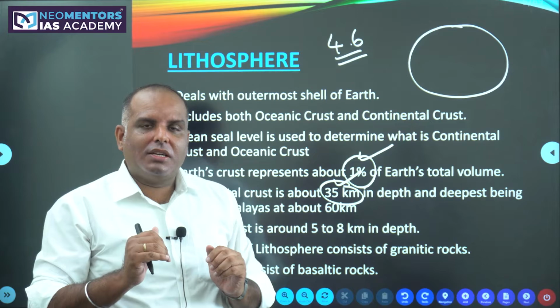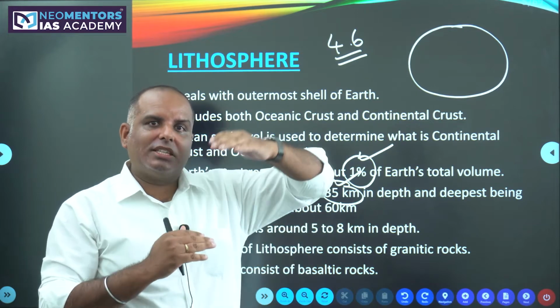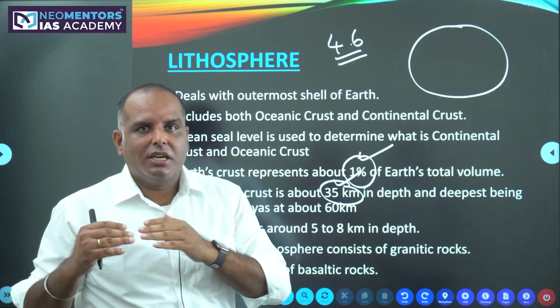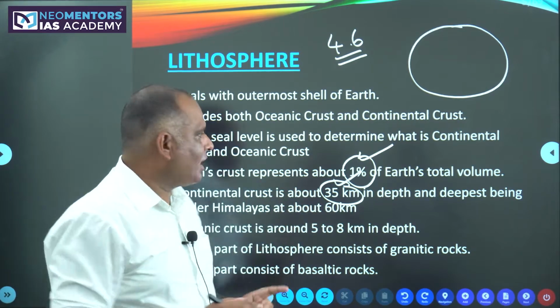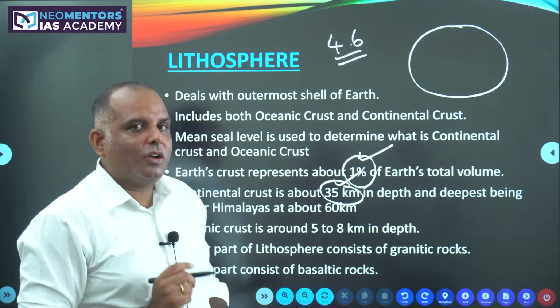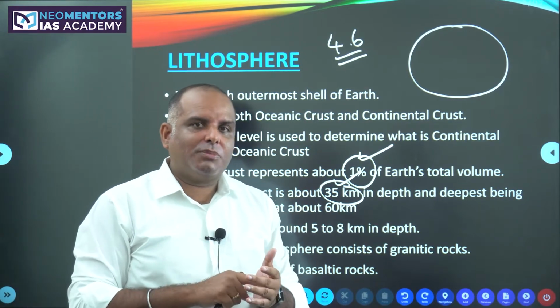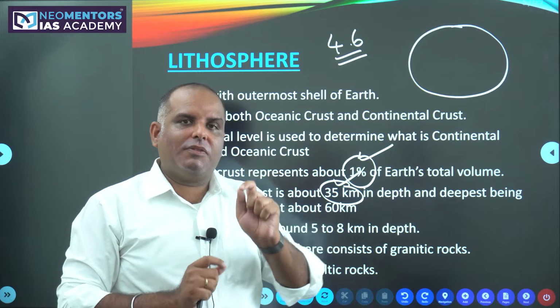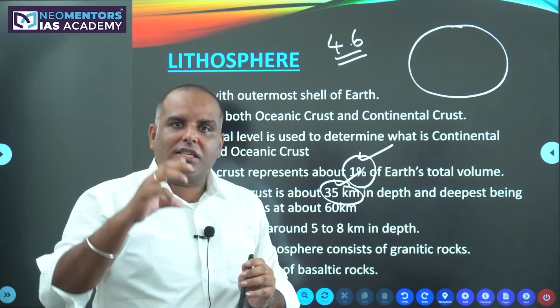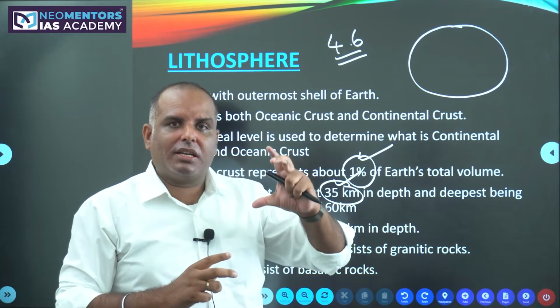So the continental crust is of greater depth compared to the oceanic crust. That is clear. That is why we talk about the concept of the average depth of the lithosphere.